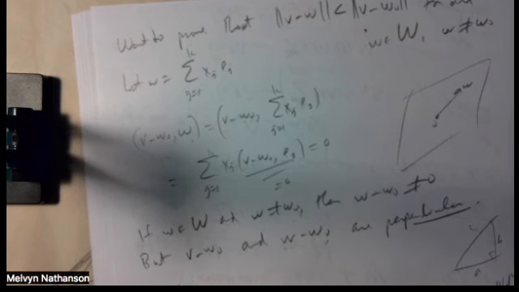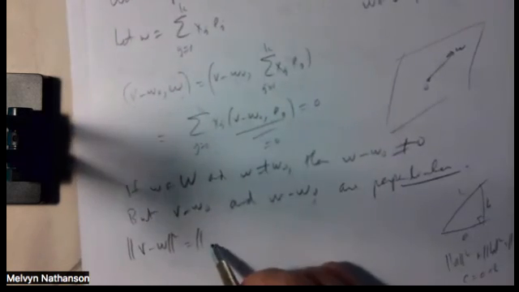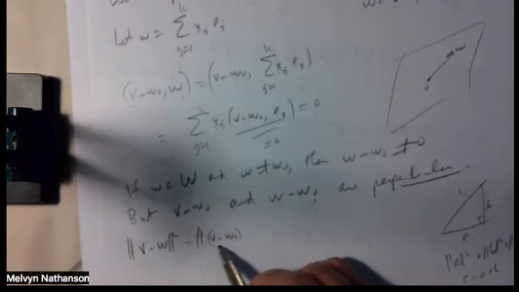So V minus W, the length of this vector squared, is the same as V minus W0 plus W0 minus W, squared. That's equal to the length of V minus W0 squared plus the length of W0 minus W squared.